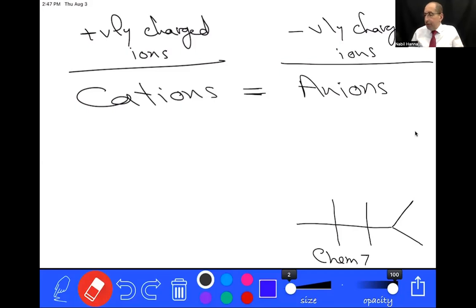Chem7 measures the sodium and potassium, and these are cations, and it also measures the chloride and bicarbonate, which are anions. So the first column is actually cations, and the second column of Chem7 is actually anions. And here we have glucose, here we have BUN and creatinine.